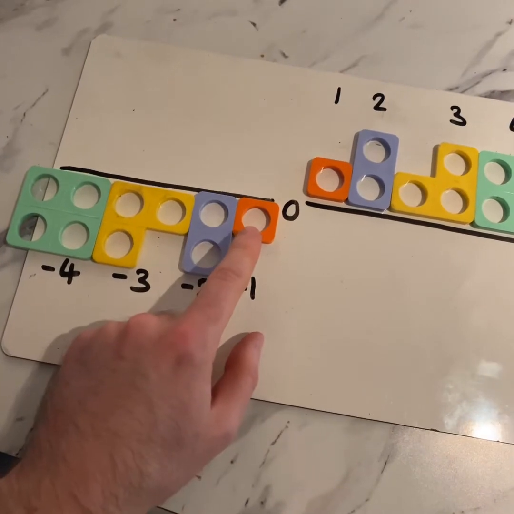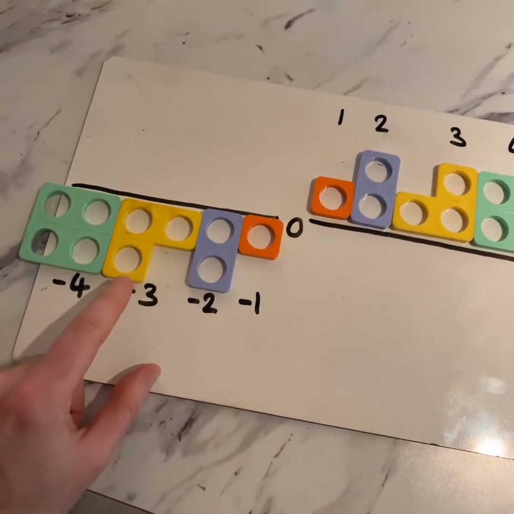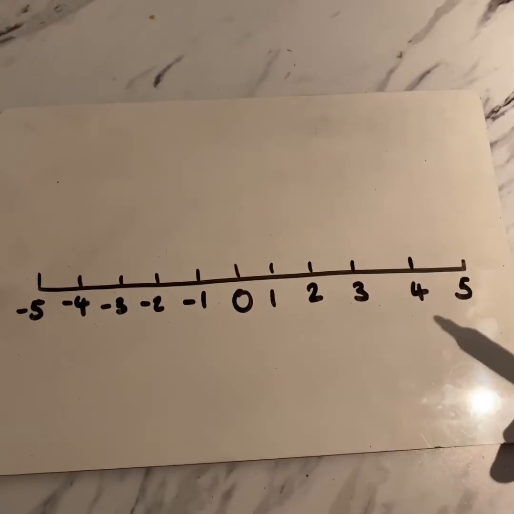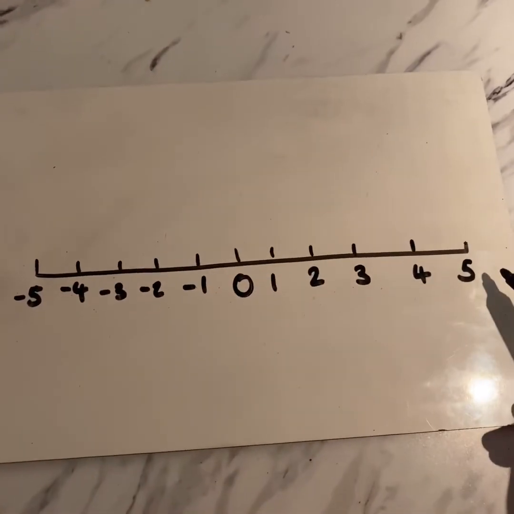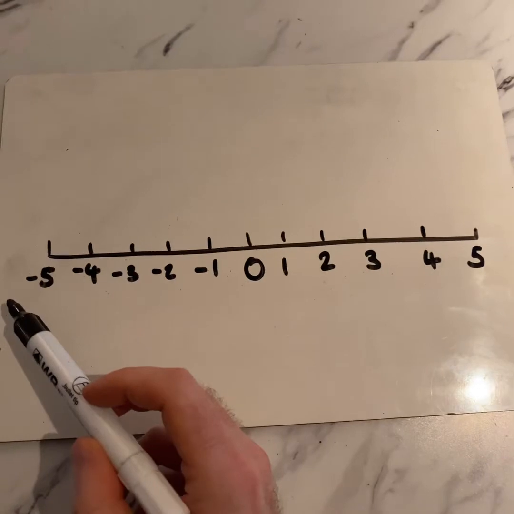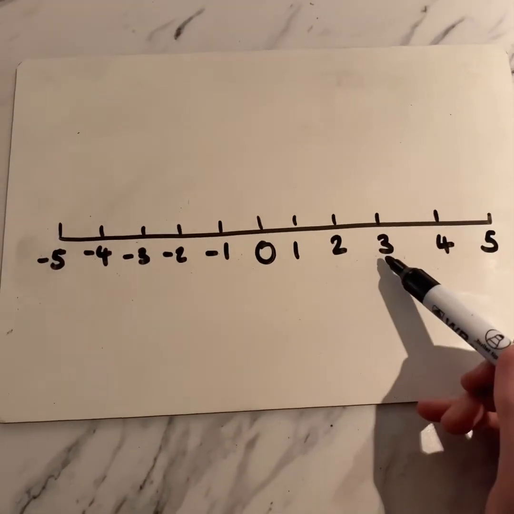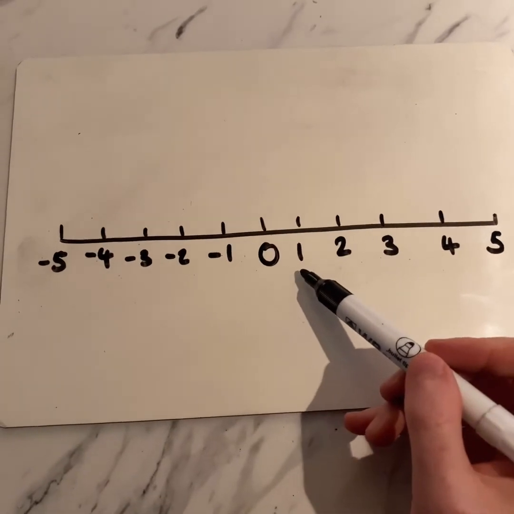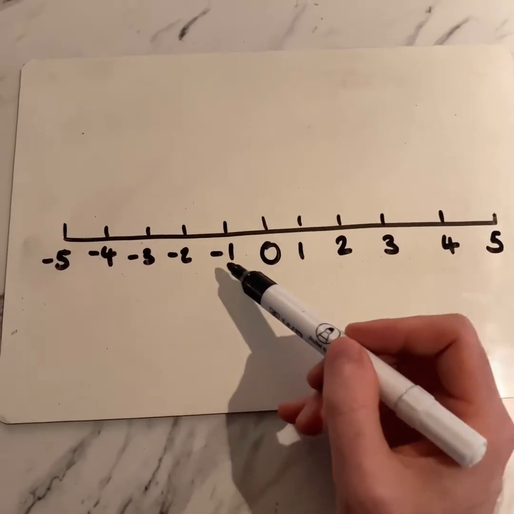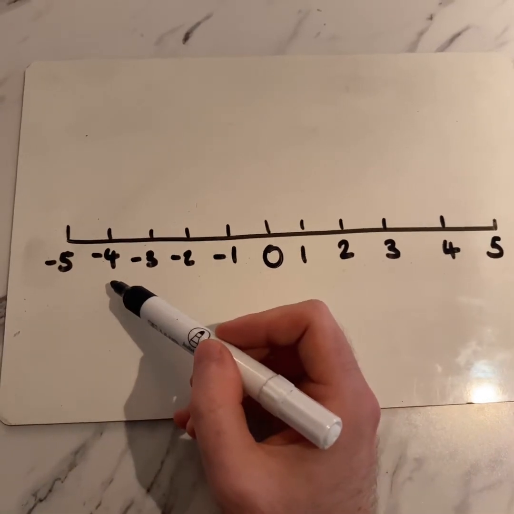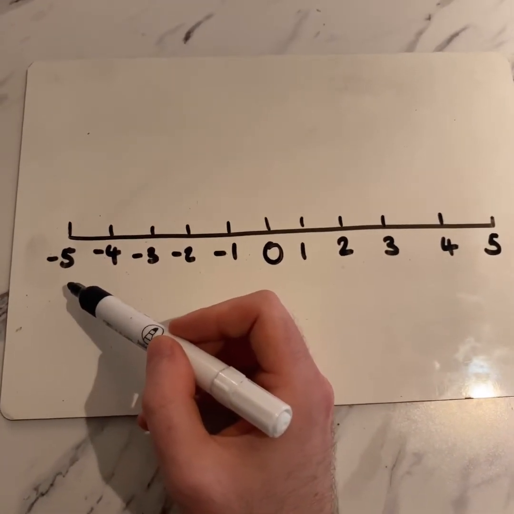So we've got minus 1, minus 2, minus 3, minus 4. And here we go. Now I've got a scale which starts at 5 and goes all the way down to negative 5. Do you want to count it with me? We've got 5, 4, 3, 2, 1, 0, minus 1, minus 2, minus 3, minus 4, minus 5.